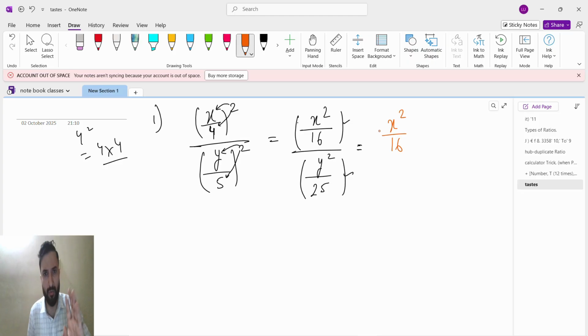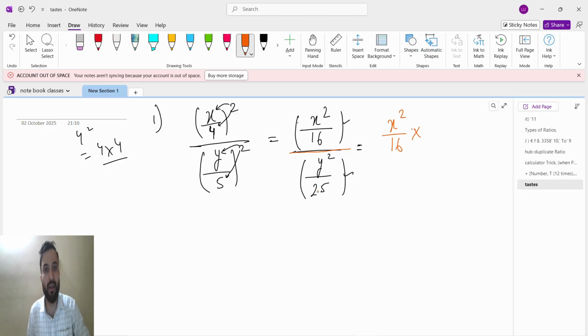We are not going to change the numerator. Then we will remove this divide sign, and we will write multiply here. The numerator we write as it is, we remove the divide sign, and it converts into multiply.